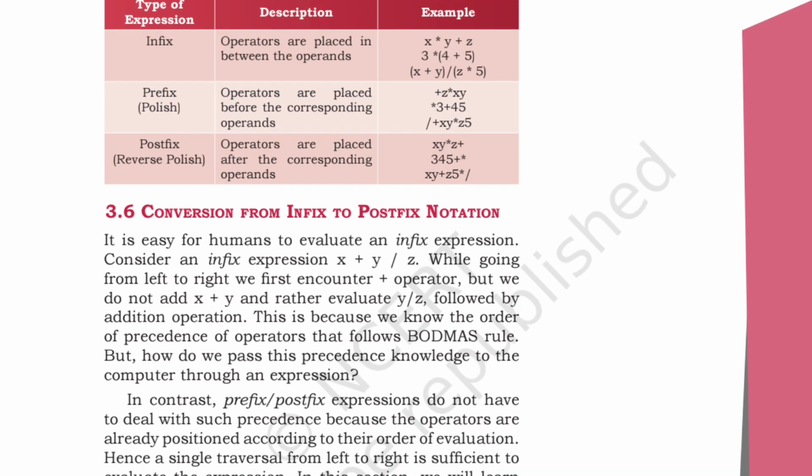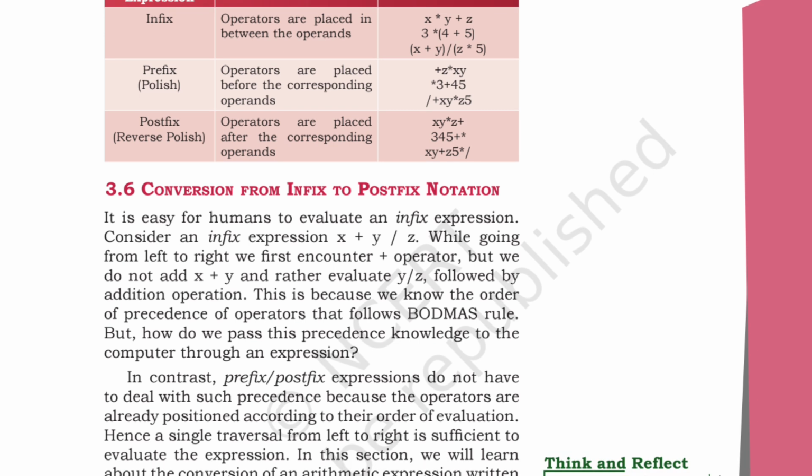Over here we have x plus y divided by z. So first we write plus xy and then we write divided by z. But we do not add x plus y, and rather we evaluate y divided by z followed by the addition operation.